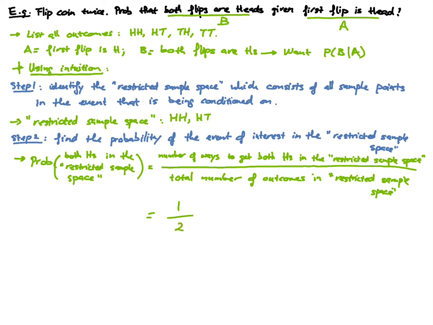And so if you write this formally, the probability of B given A in this problem is equal to 1/2. So this is how we do this problem using intuition. Let's proceed and see how we solve this problem using the formula we learned in the previous video.